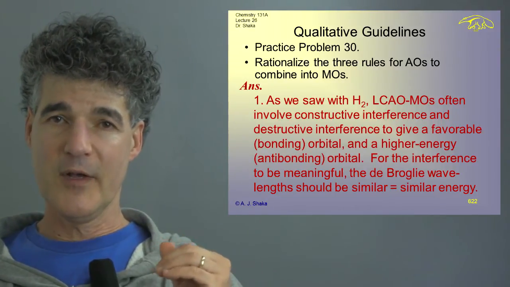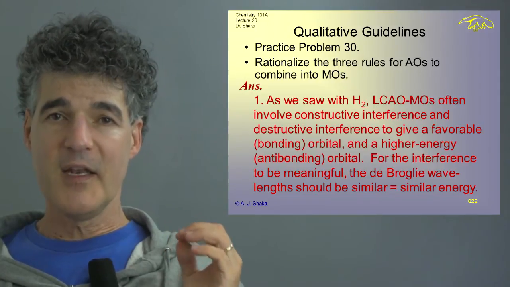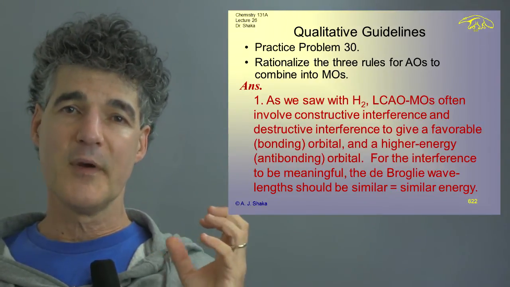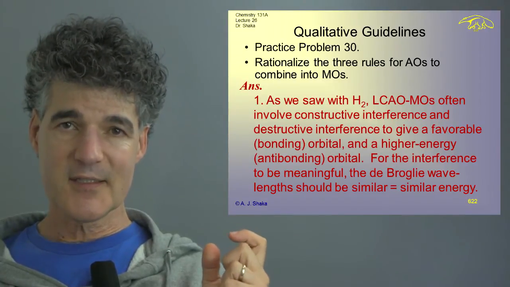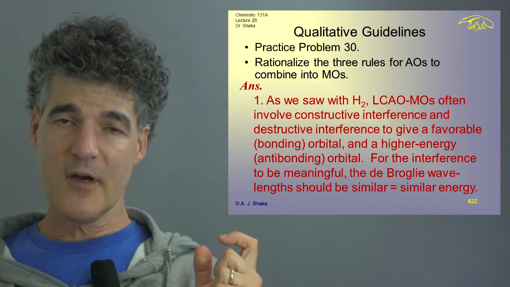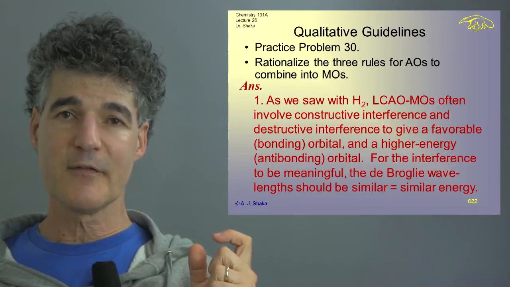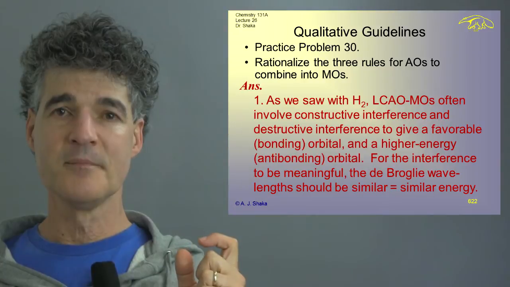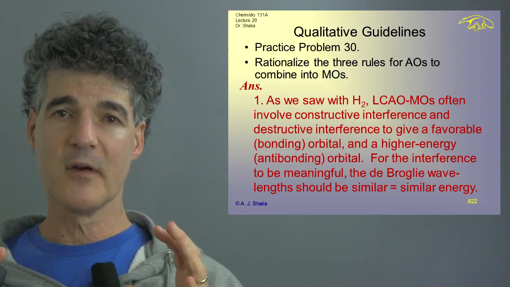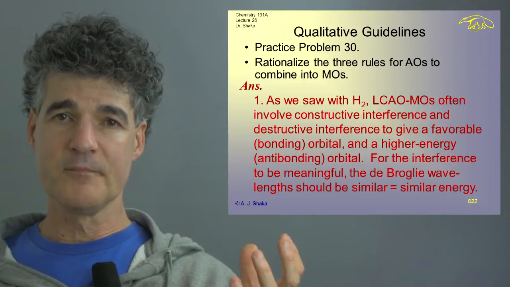In other words, we can't really talk meaningfully of an overlap between a flea and an elephant. They're 2 different size scales. And atomic orbitals can have vastly different energy and vastly different size scales in the same way, and only ones that are similar can talk to each other.